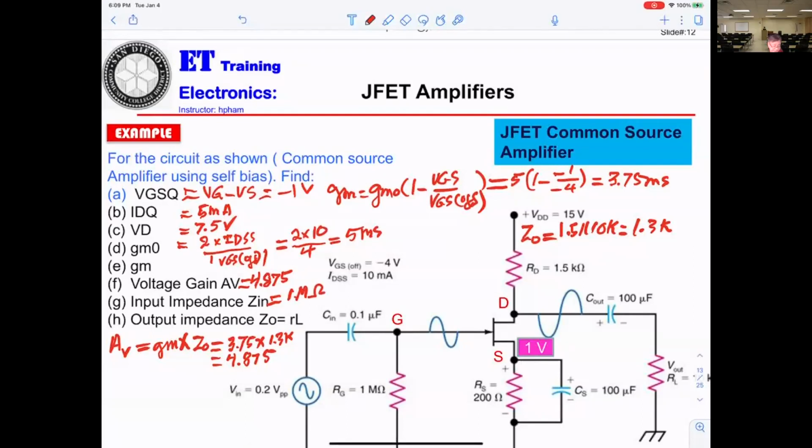Output impedance, we already calculated, so that's 1.3K.